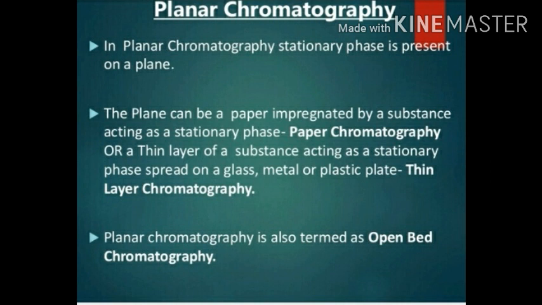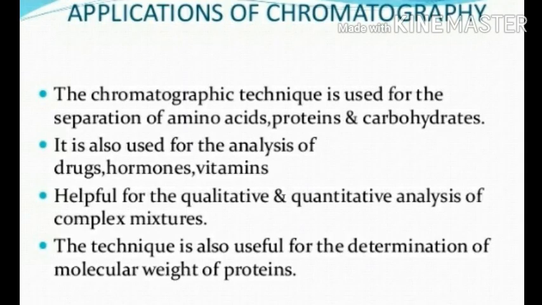This is paper chromatography. Or a thin layer of a substance acting as stationary phase is spread on a glass, metal or plastic plate. This is thin layer chromatography. So note down: when we use paper, it is paper chromatography, and when we use a thin layer on glass material, it is thin layer chromatography.